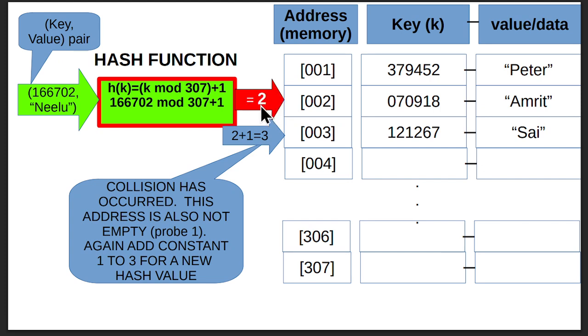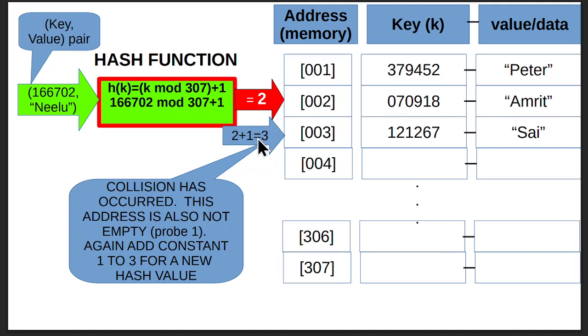Here our hash value was 2, and we had a collision, so we send a probe. A probe basically checks a particular row in the hash table. We just add a constant value to 2 in linear probing, and in this case I'm just adding 1 as the constant value.